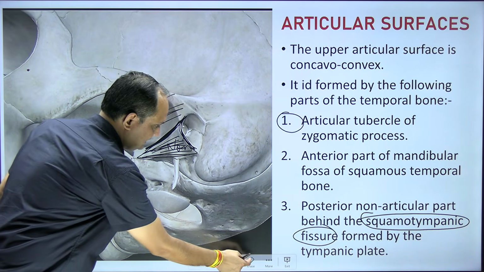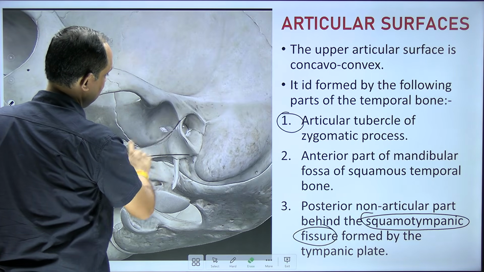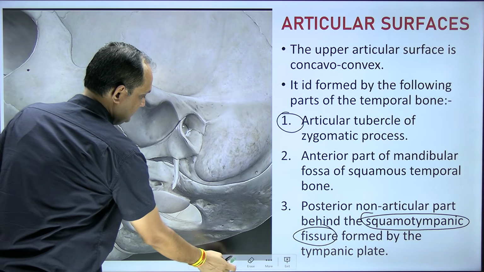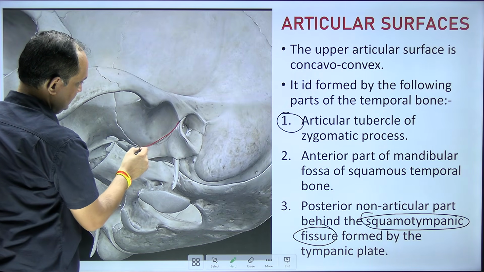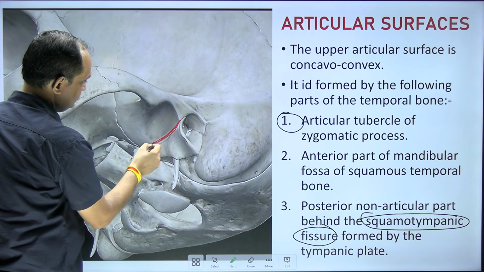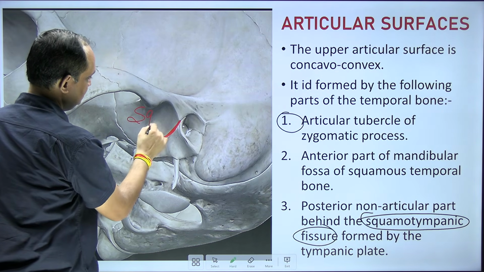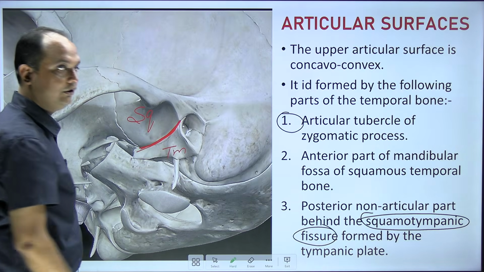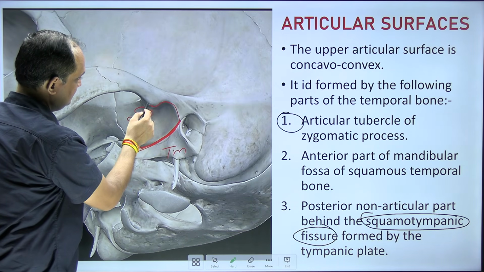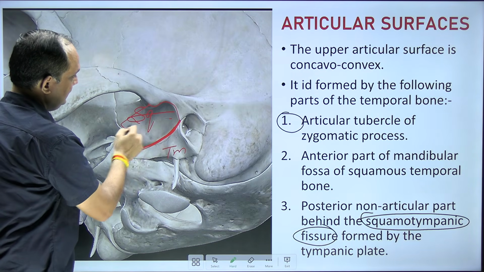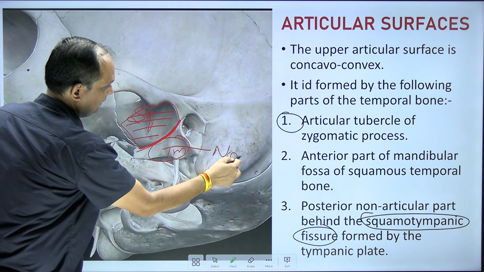I am saying this again: the whole superior articular area is divided into two parts by a fissure, known as the squamotympanic fissure. This is the squamous part, this is the tympanic part of the temporal bone. The area anterior to this is the articular area and this area is the non-articular area.